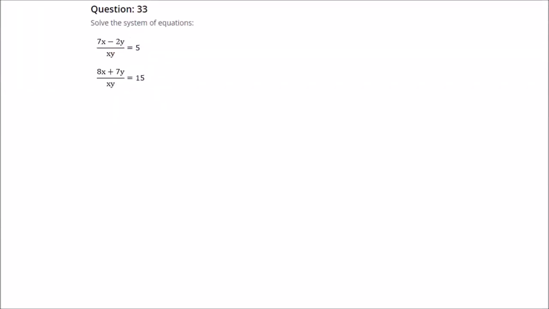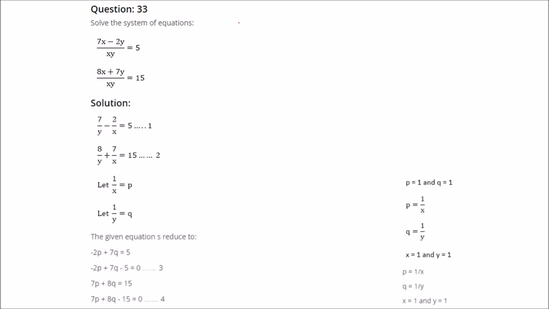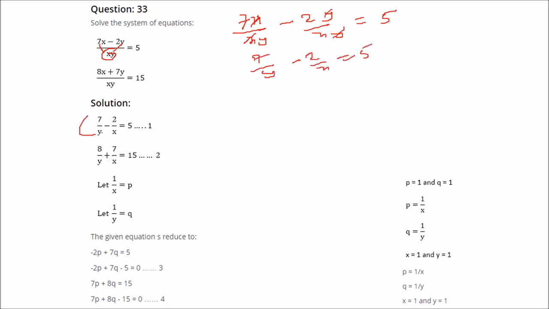Next is 7x minus 2y by xy and 8x plus 7y by xy. Now what we can do here is, see, divide xy with both of these terms. x gets cancelled, it will be 7 by y, y gets cancelled, minus 2 by x equal to 5. See, this is the first equation.